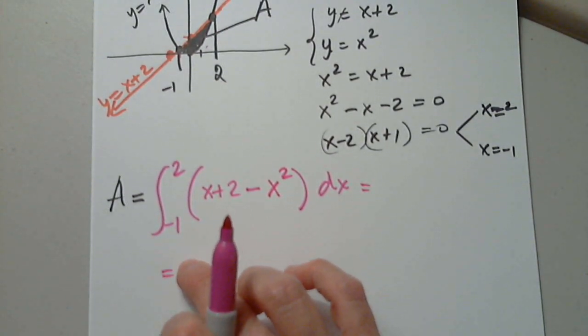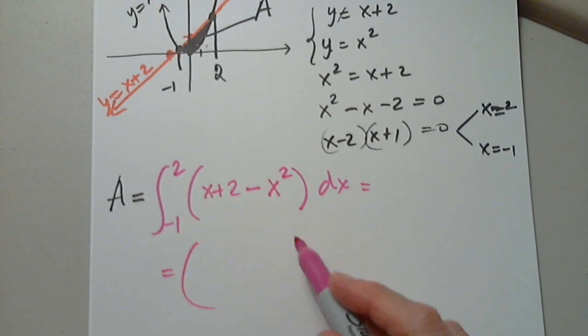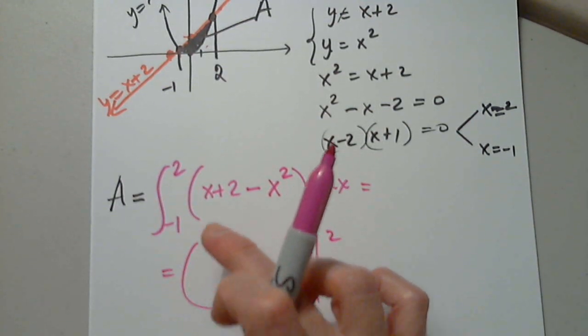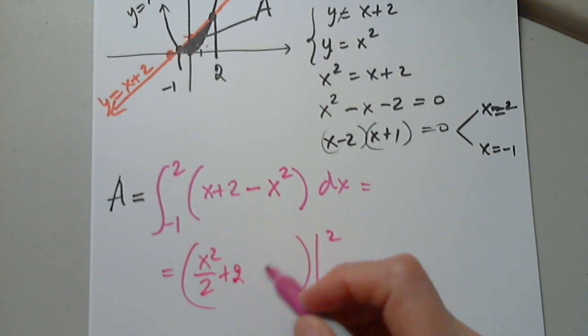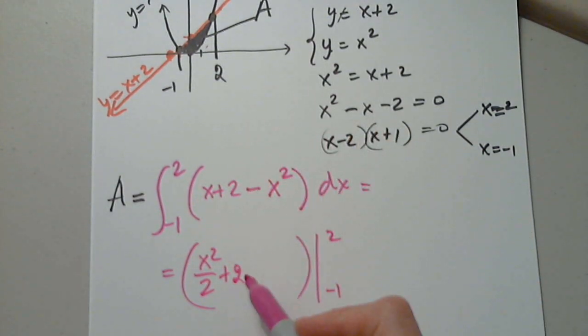Which function do I differentiate to get x? x squared over 2. Very good, awesome. Plus 2. Which function do I differentiate to get 1? x.